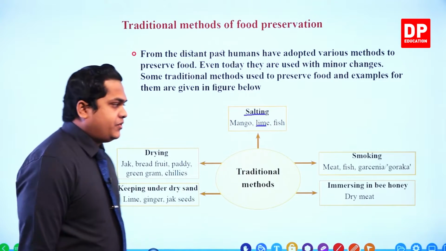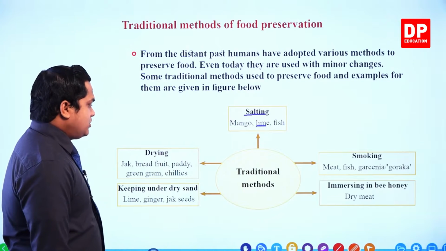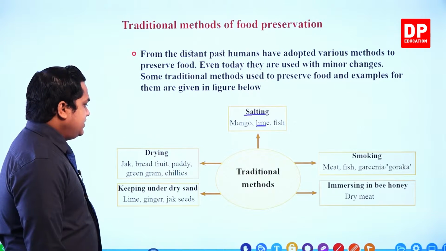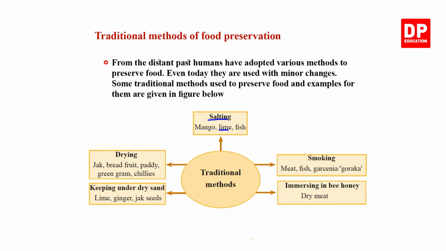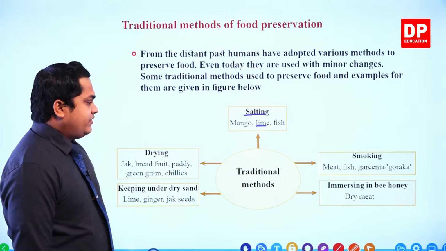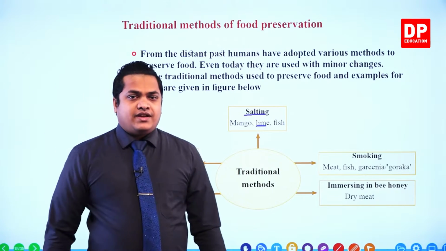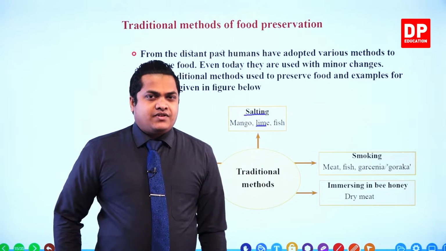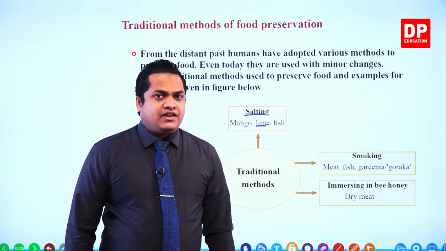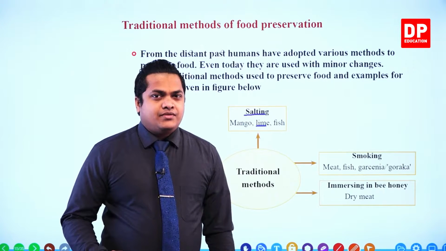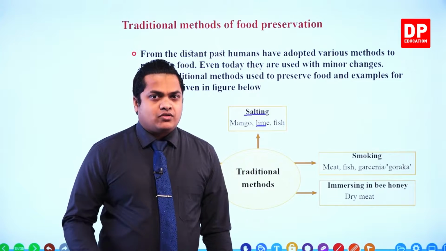So here also, upon drying, my dear children, what we mostly do is reduce the amount of water contained within the food item. We can do this to jack, breadfruit, paddy, green gram and chilies. When you dry jack, it is referred to as attukos. Earlier, when we discussed that activity, we studied that attukos, dried jackfruit.